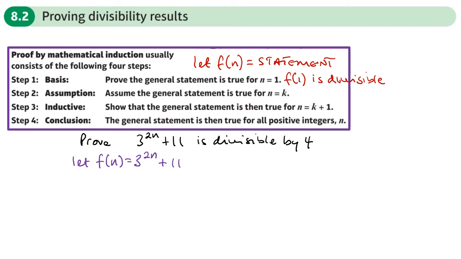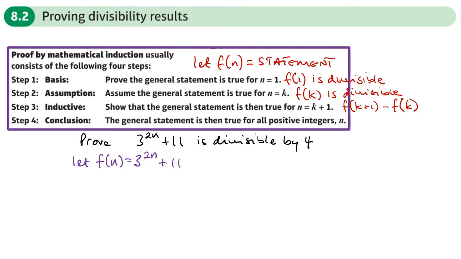Okay. The next thing we do after that is we then assume that f of k is divisible by whatever value that happens to be. Then in the step after that, where we're actually going to be writing out f of k plus 1, we actually do f of k plus 1 minus f of k.